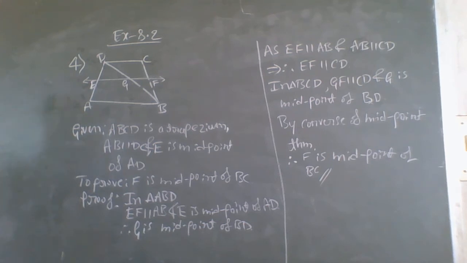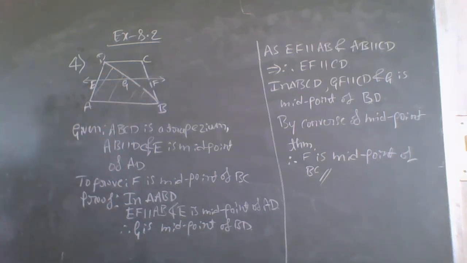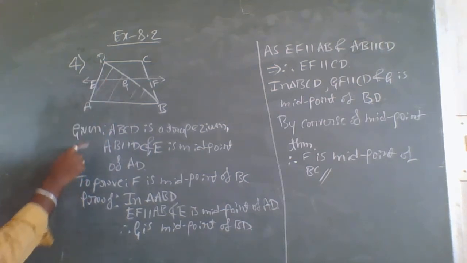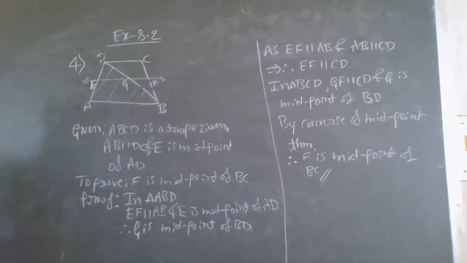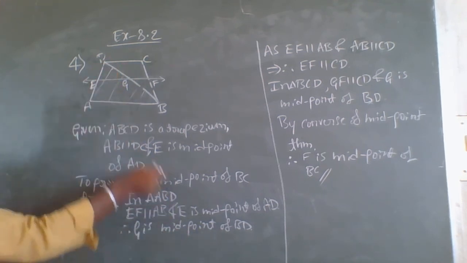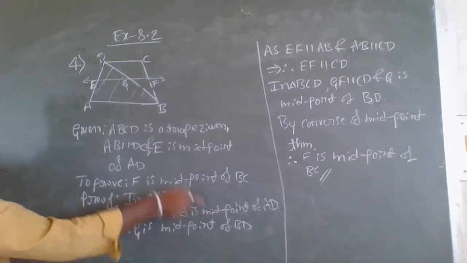To prove this, first we will consider triangle ABD, where E is the midpoint of AD and the line EF is drawn parallel to AB. So we can consider this point G as the midpoint of side BD by the converse of the midpoint theorem.